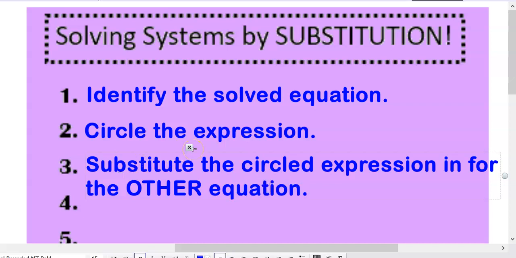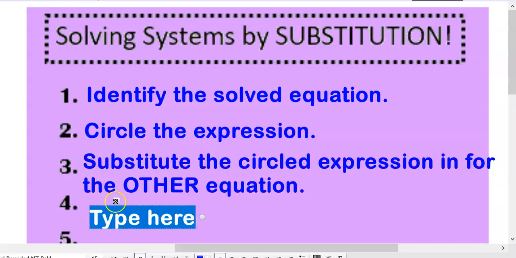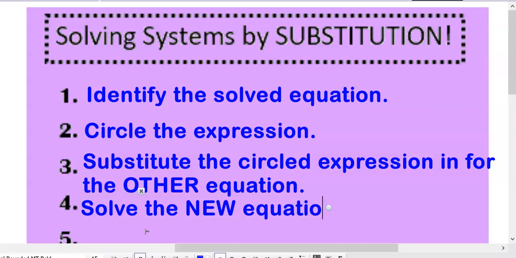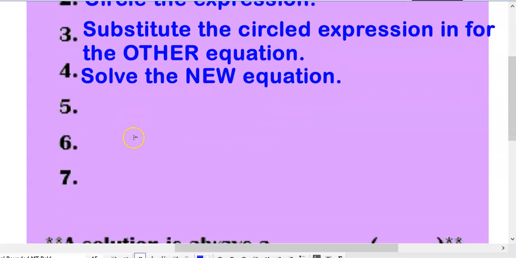That's step 3, substitute the circled expression in for the other equation. Step 4, solve the new equation.